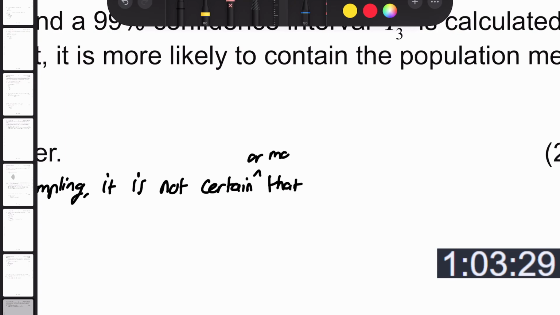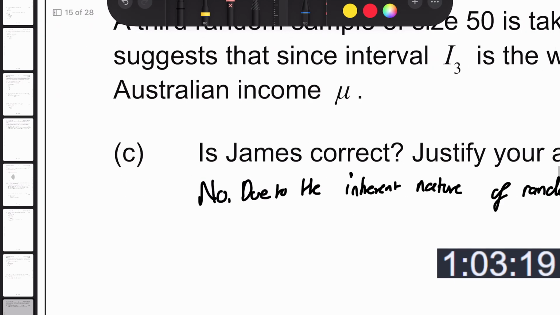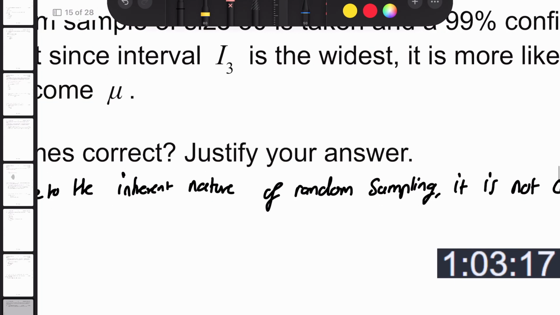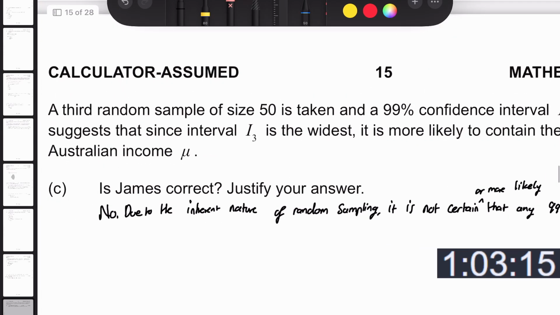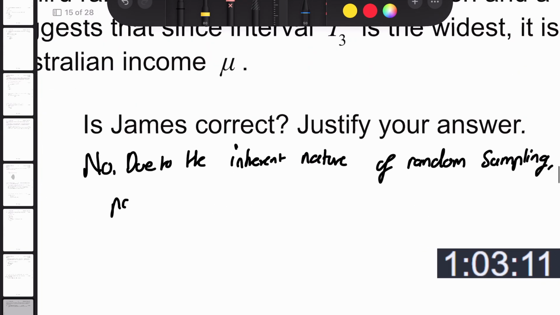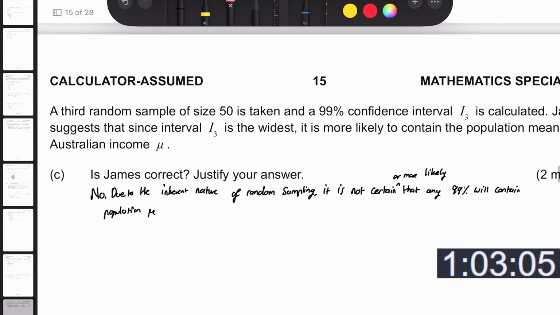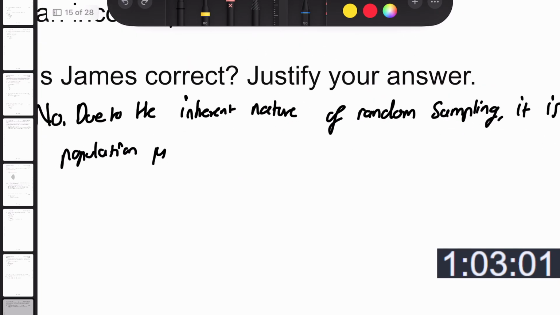It is not certain or more likely that any will contain the true value of the population mean compared to any other.